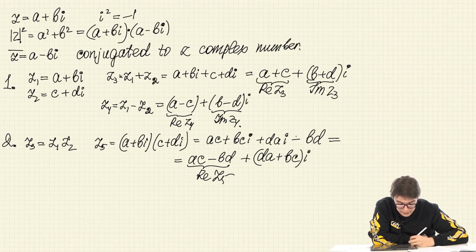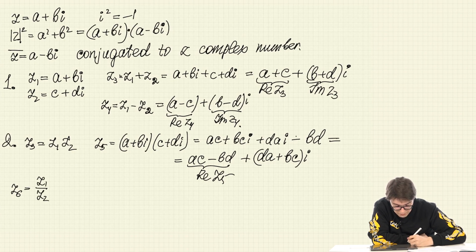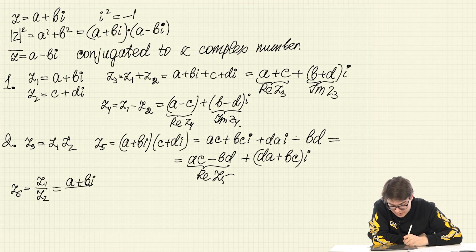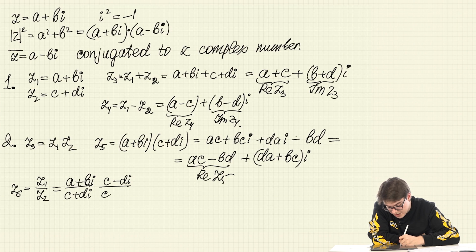And finally, if we want to find the fraction z1 over z2, we can come up with a trick. We can multiply everything by the conjugated expression to the denominator.